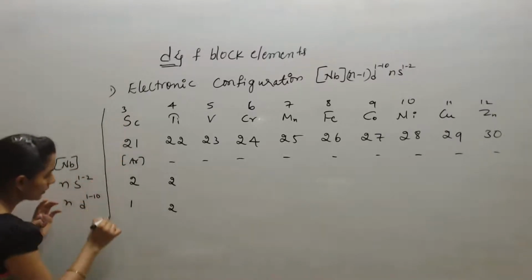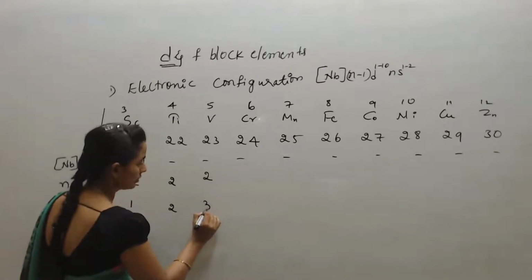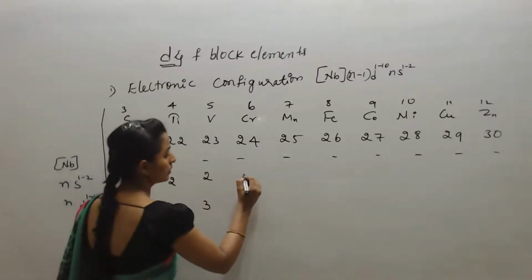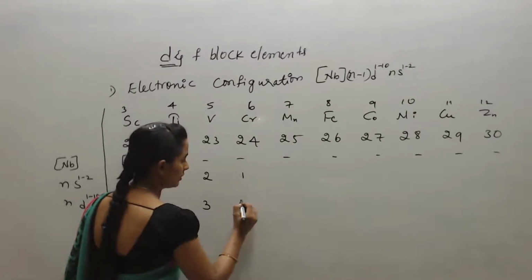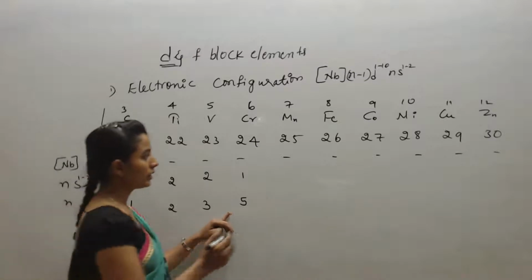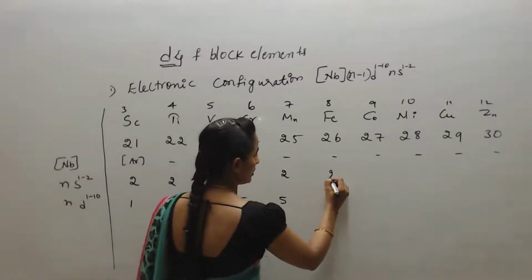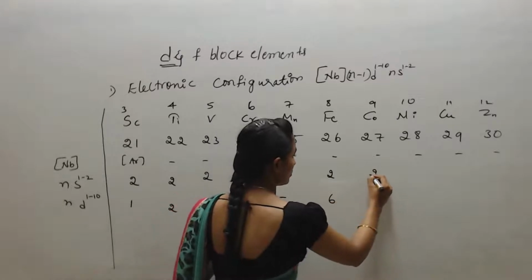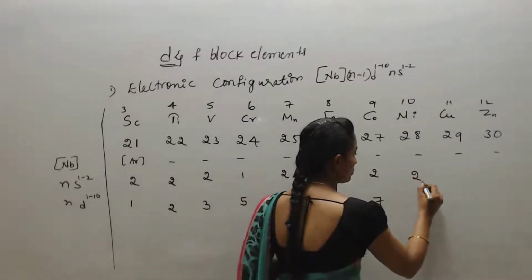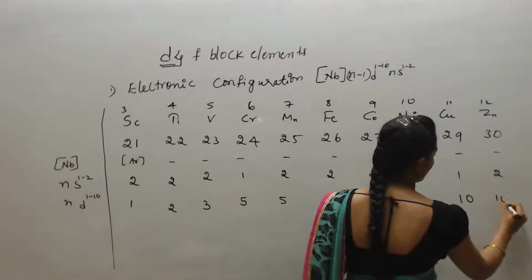Next, ns2 3d3. Next, this is ns1 3d5. Next, here 2, here 5, here 2, 6, 2, 7, 2, 8, 1, 10, 2, 10.